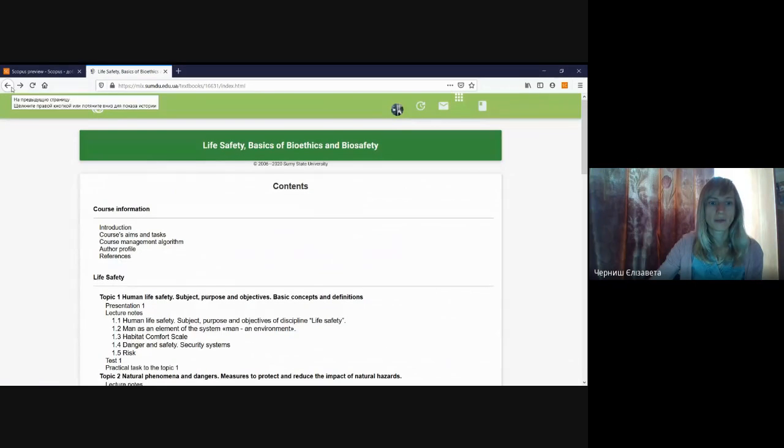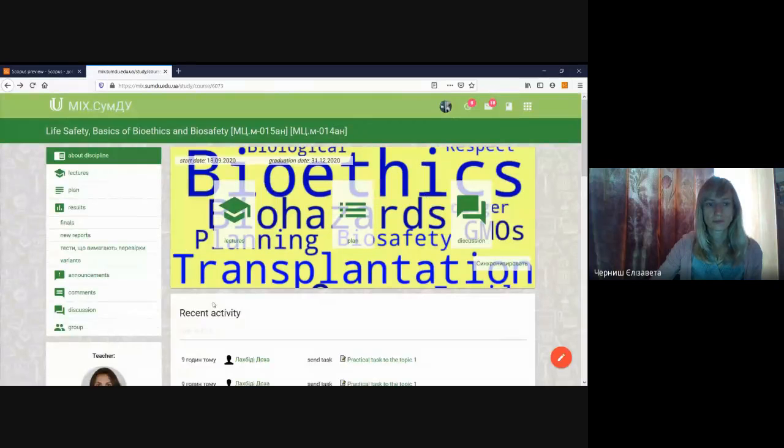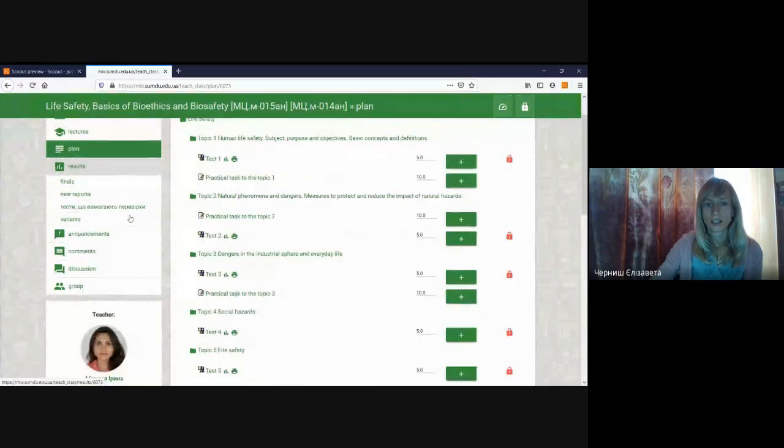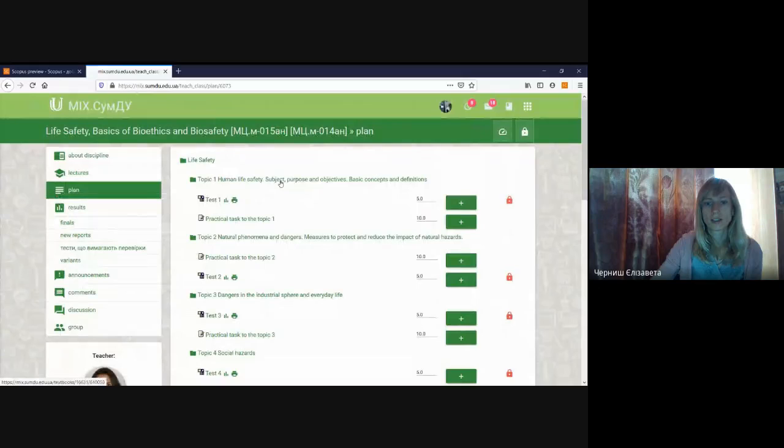And if you see the plan of lectures, you have this topic. You can now do a test and a practical task on the topic. So please do these two types of task. Yes, test and practical task.